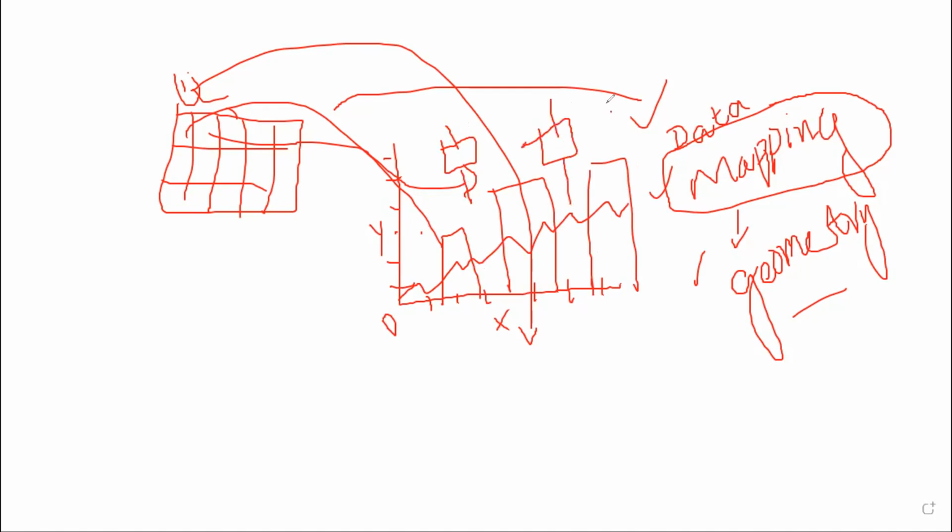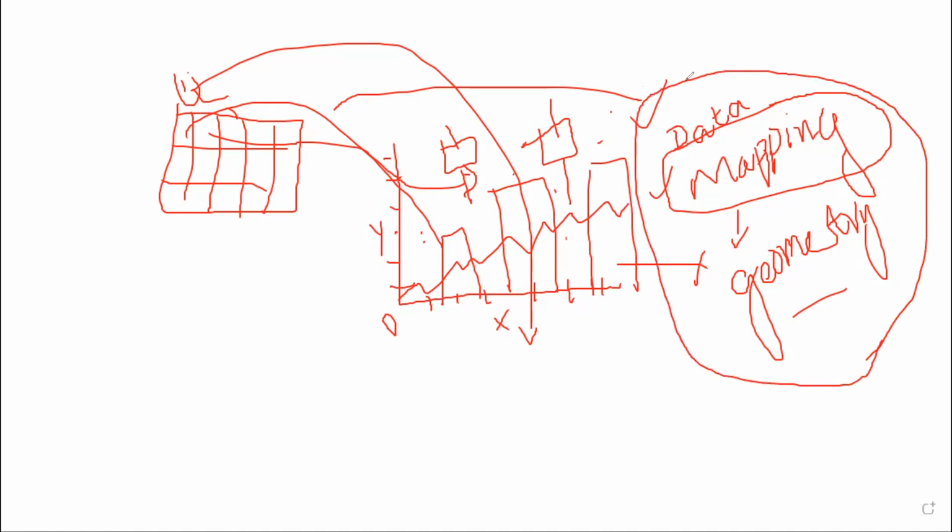We want to draw a point plot like this. So this is geometry. Geometry means type of plot. That means line graph, bar plot, smooth plot, violin plot, box plot, density plot, histogram, and a lot of types of plots are available in R.